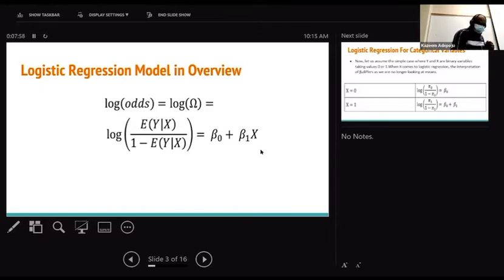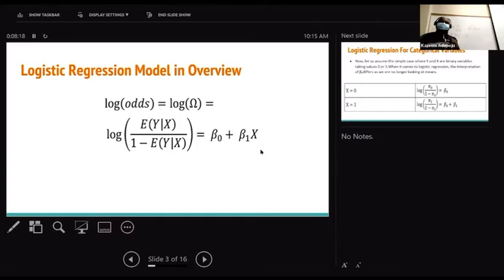If you look at this and what we've been writing before, you're going to see that I've been writing pi divided by 1 minus pi equals beta naught plus beta 1 x. Do you know the expected value of y given x is the same thing as pi?